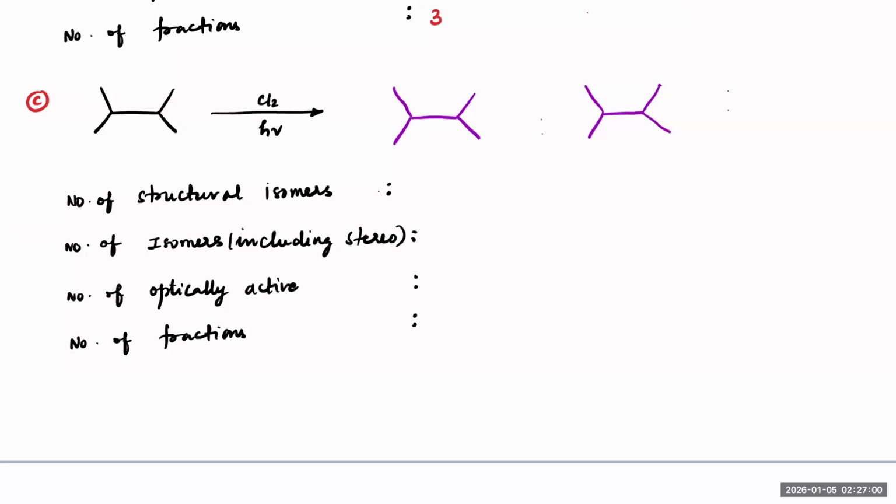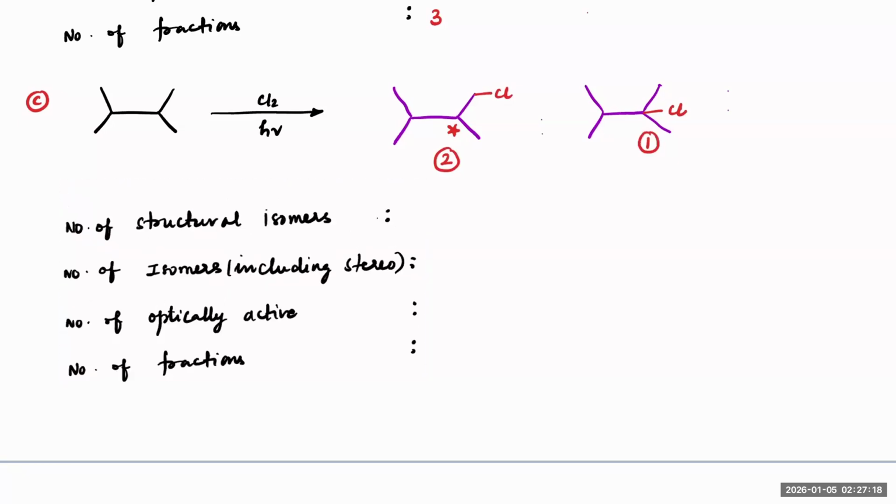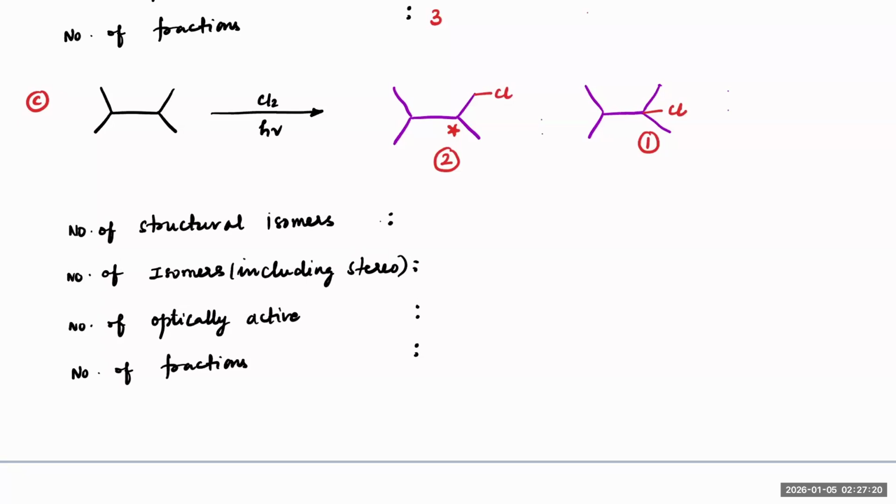In one skeleton, chlorine will be here. In one skeleton, chlorine will be here. These are the two possible ones. You can see in this case there is a chiral center, so which makes it 2. Here there is no chiral center, so 1. And number of structural isomers, if you compare, we have 2, including stereo 3, optically active 2, fractions 2. Okay, you keep it there.